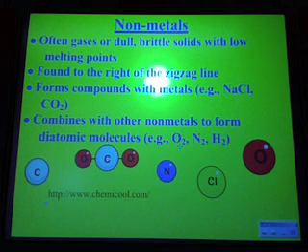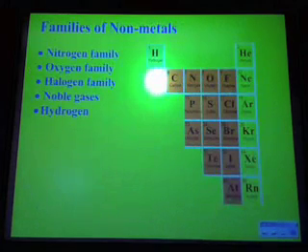It likes to work in pairs. It'll pair up automatically and make these little molecules, O2, N2, H2. That's how those gases typically occur, bonded to one another in pairs. And again, you're going to see why they like to bond like that, but it has to do with the electrons again. They're so important.